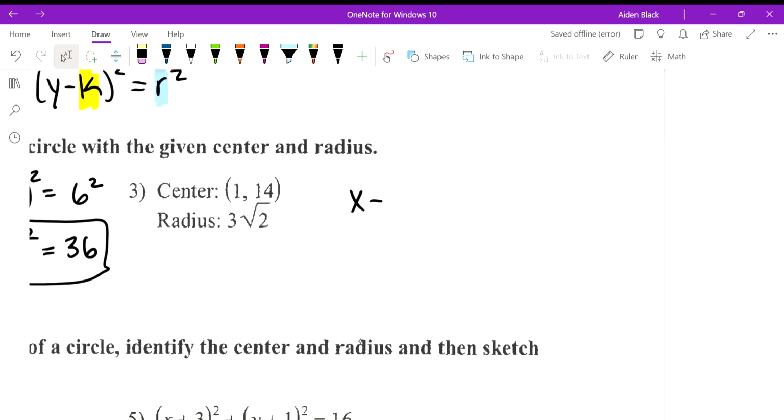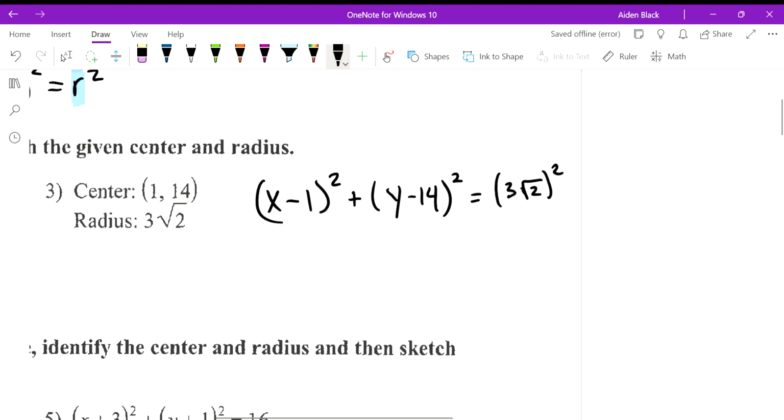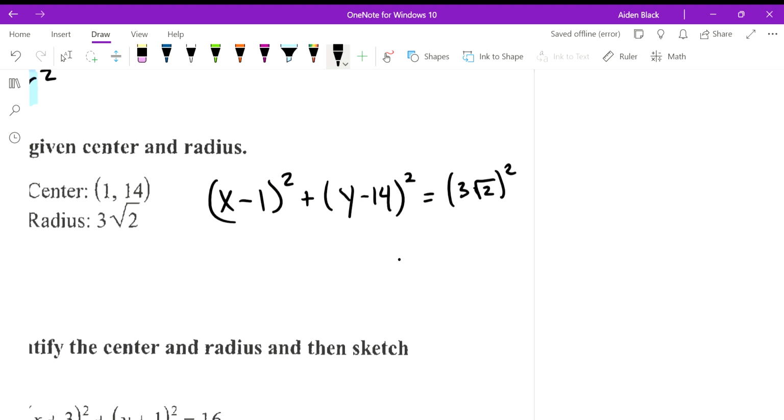Same thing here. So when you have something like this squared, you can think of it, of course, the meaning of a square is multiplying by itself.